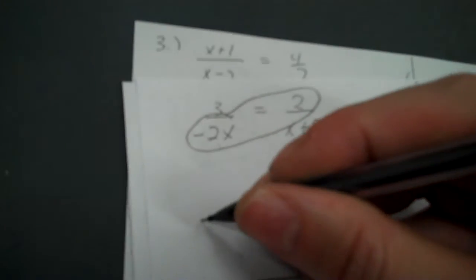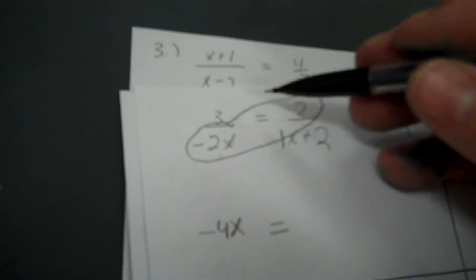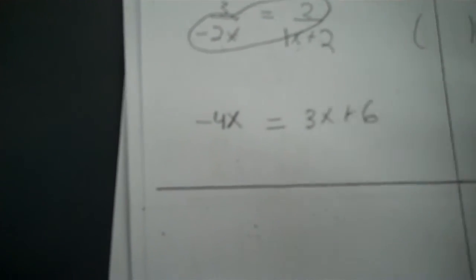So it's just negative 2 times 2 with an x connected because there's an x right there. Then on the other side, we have these two separate terms. So I write them over here, 1x and 2, and I multiply them each separately by 3. So that's 3x, and that's 6. So on this side, I got 3x plus 6.